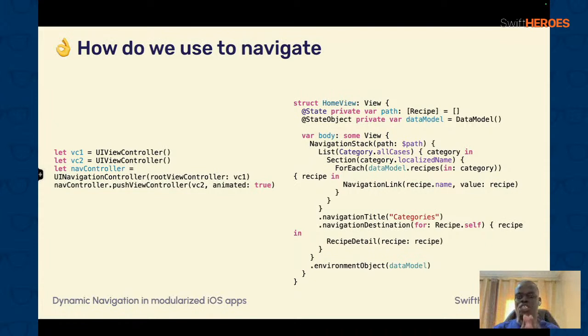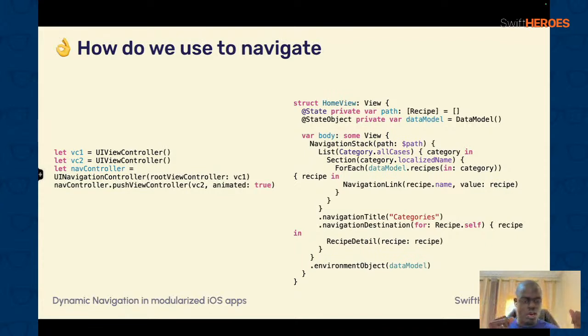We do want our features to work independently. So there is no way right now to push VC1, which might be in module A, to VC2, which might be in module B.